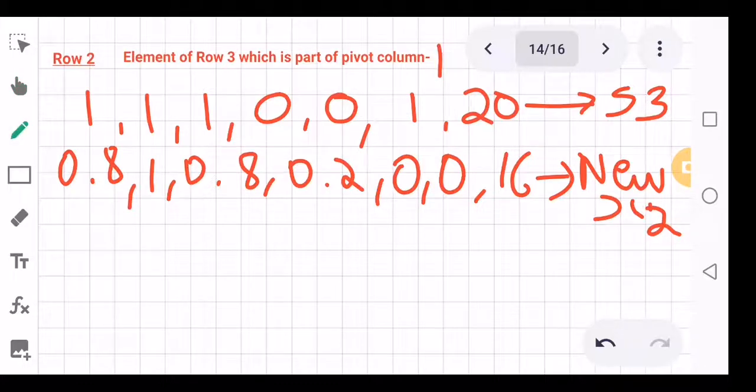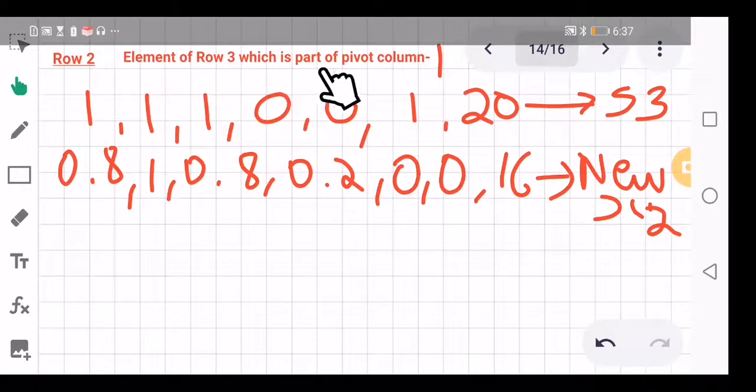Now, as we know, we have to multiply this with this. Whatever values we have over here of new x2, we need to multiply with this 1, the element of row 3 which is part of the pivot column.